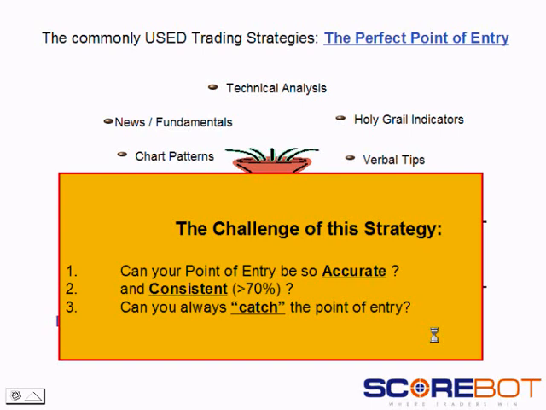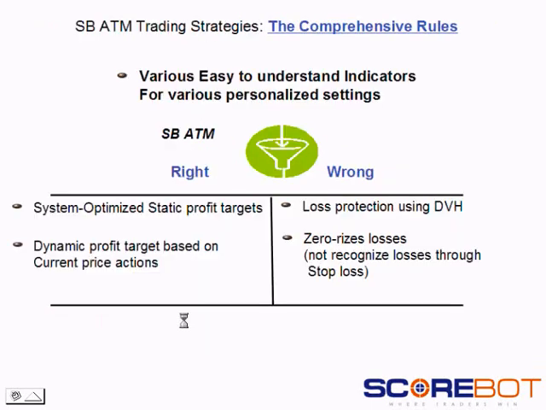Let's be very frank. First of all, can your point of entry be so accurate all the time and be very consistent, more than 70% correct all the time? If you can, are you always there to catch this point of entry? So these are all the basic challenges of such strategy.